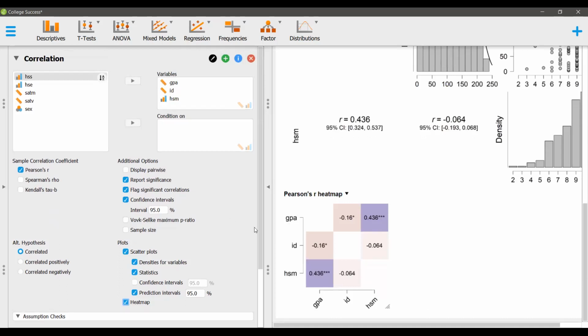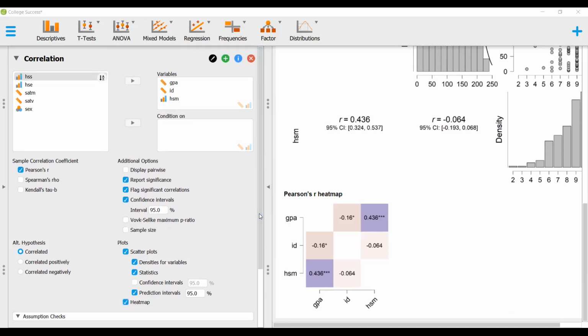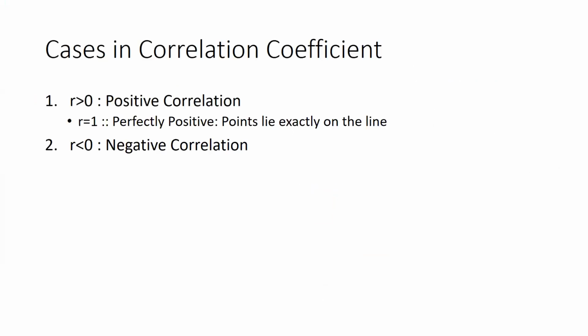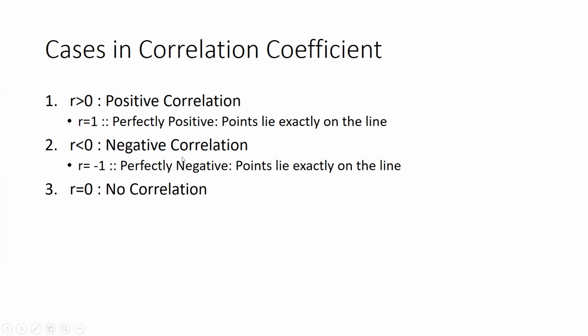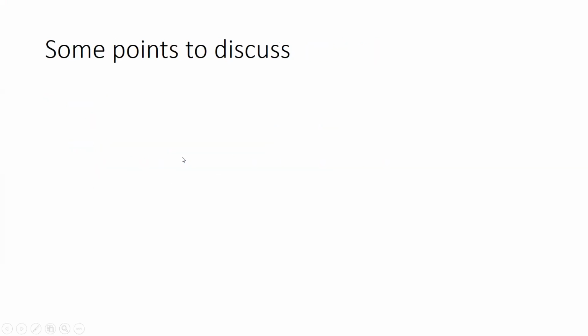So let's make some discussion points on what we have studied till now. We have seen the different values of the correlation coefficient: positive, negative, and no correlation. Some important points we should take note of: we cannot conclude how strong or weak a relation is based on the correlation coefficient value.